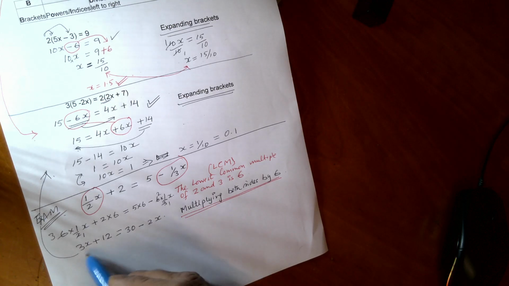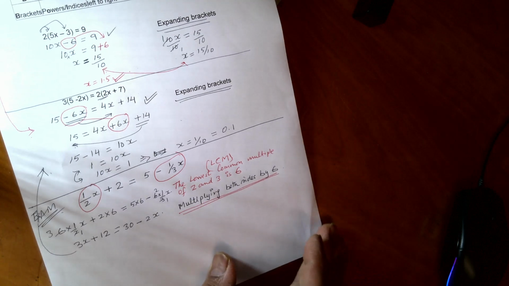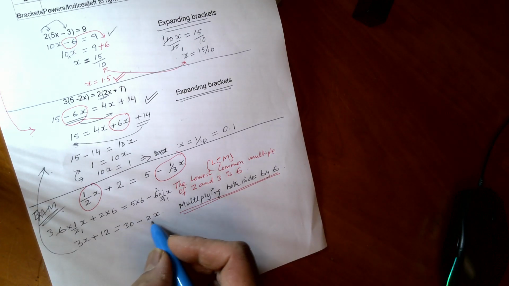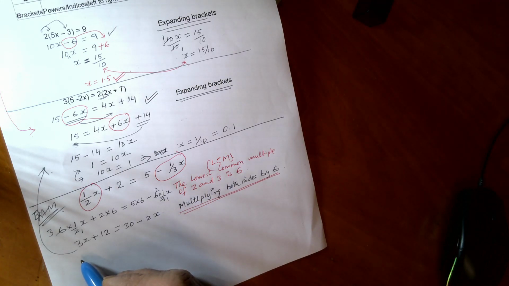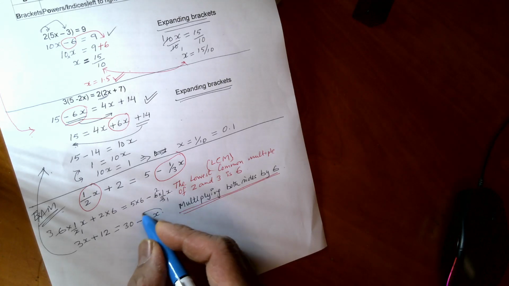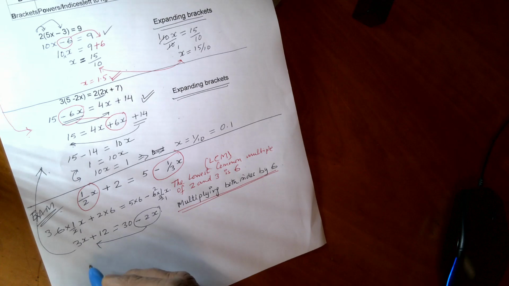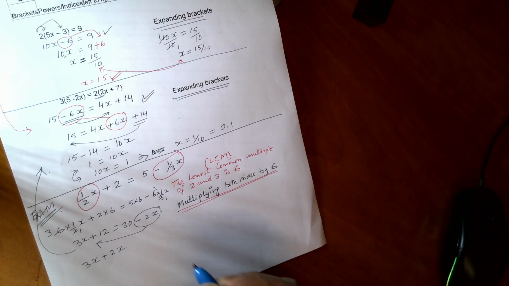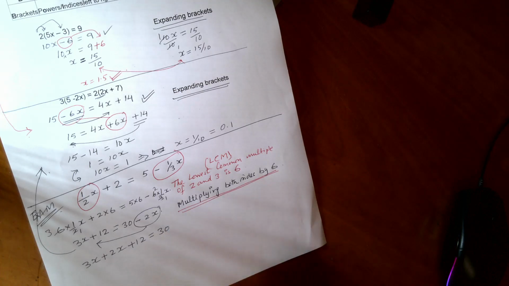Again, whichever method you want to use, whether method 1 or method 2, to get rid of minus 2x, you can have plus 2x here and plus 2x here as well, or you can simply transfer minus 2x to this side. And that will give us minus 2x would be plus 2x. Then you have plus 12 equal 30.